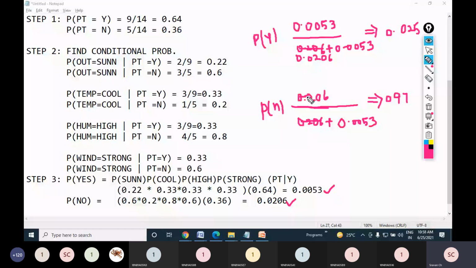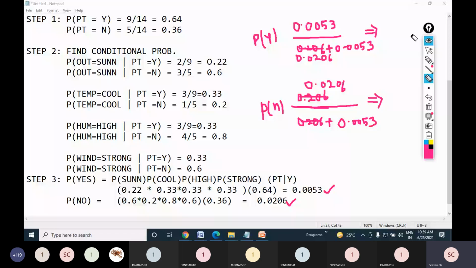All right. So let me add this again. 0.0206 plus 0.0053 comes around 0.0259. So 0.0206 divided by 0.0206 plus 0.0053 is equal to, so 0.0259 is the denominator.